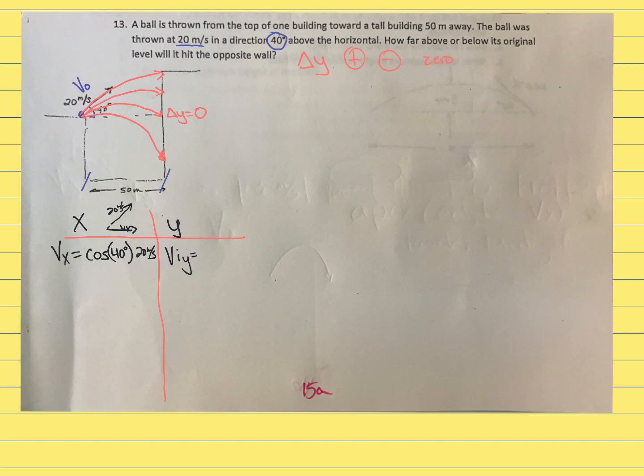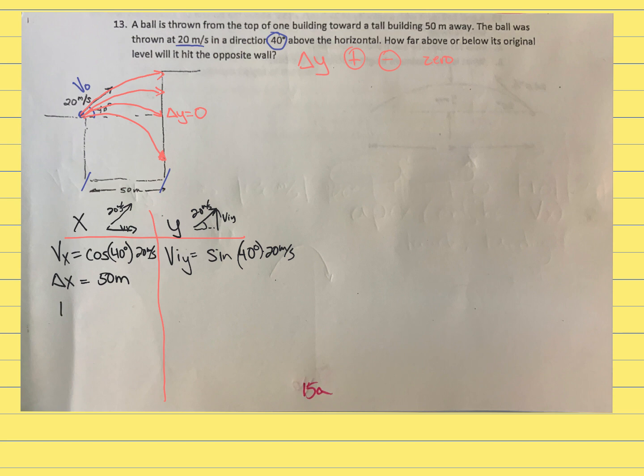That would be up here. V initial y, when the throw is 20 and the angle is 40 degrees, would be sine of 40 times 20 meters per second. We know the displacement horizontally is positive 50 meters. It moves 50 meters ahead before hitting the wall.